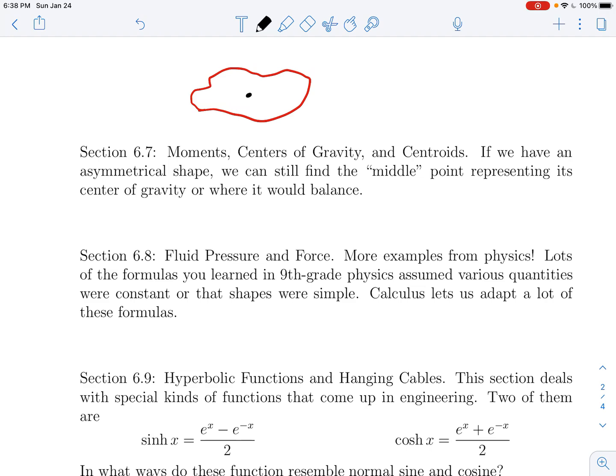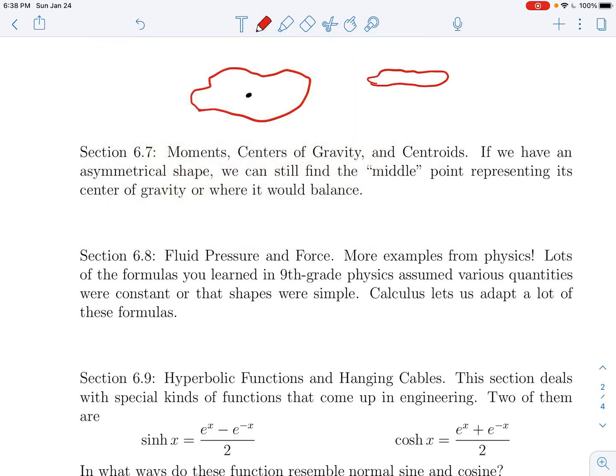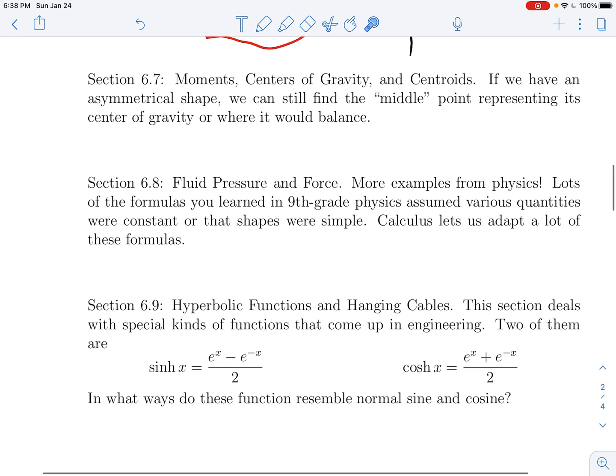But in theory, if we imagine this from the side, there is a point where the whole thing would balance on that point. So you imagine it like a piece of paper on the tip of a pencil. If you have the pencil tip in just the perfect spot, the whole thing will balance. There's a way of finding that location using an integral, assuming you have formulas that describe the edges.